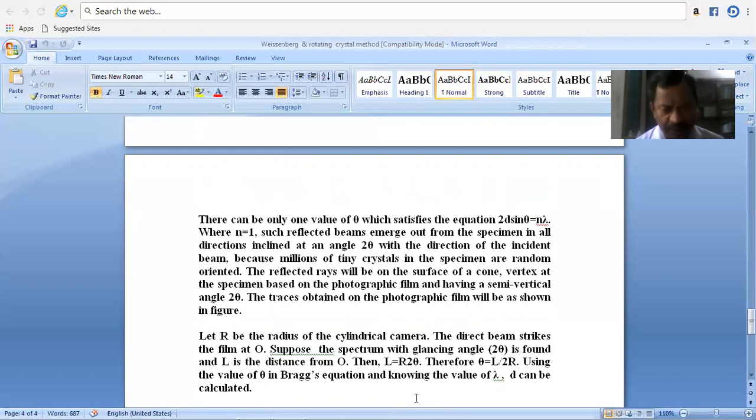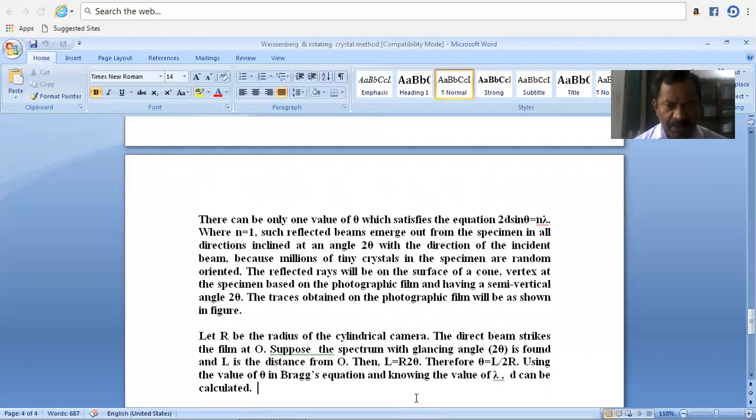Overall conclusion: today we discussed, one, the Weissenberg rotation photograph method, where we use single crystals and the diffraction patterns we will see in the form of spots. In the same manner, the Debye-Scherrer method we use for powder crystalline material, which is taken in the form of a capsule.